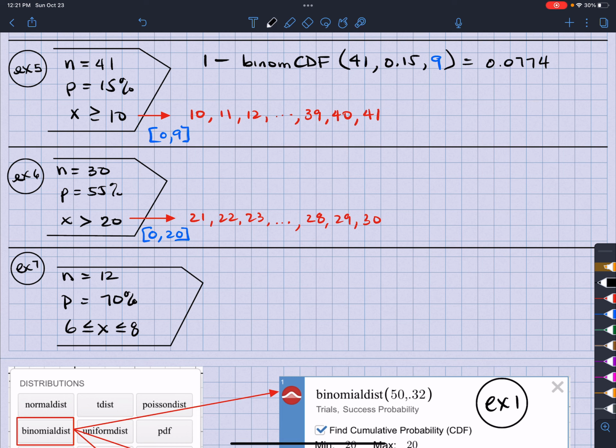All right. So again, 1 minus the binomial CDF of 30, comma, 0.555, comma 20.